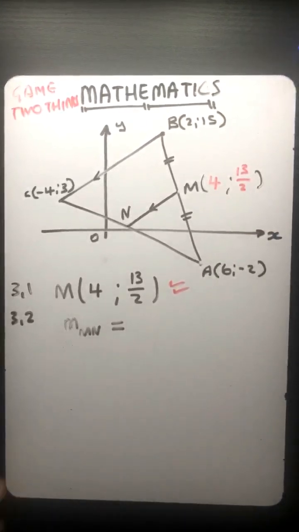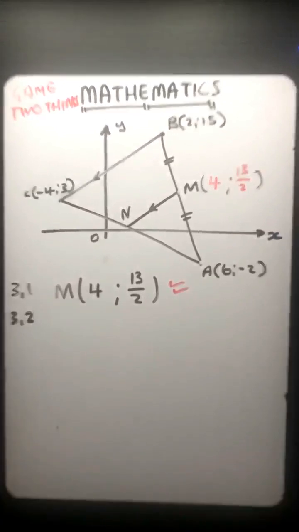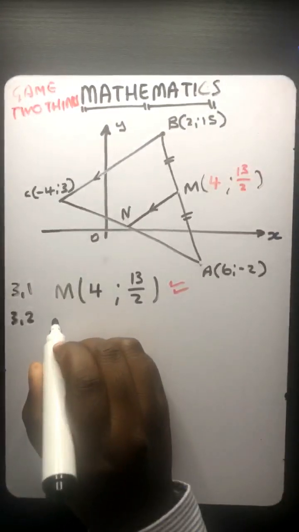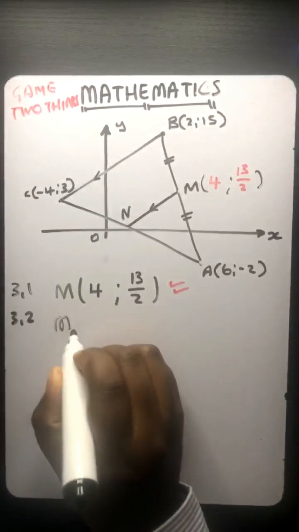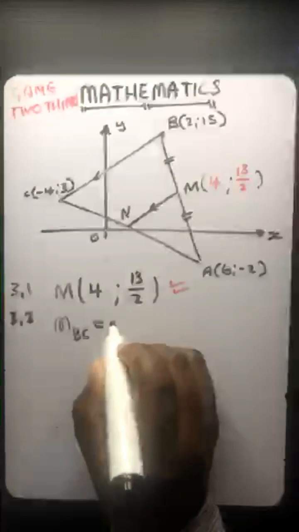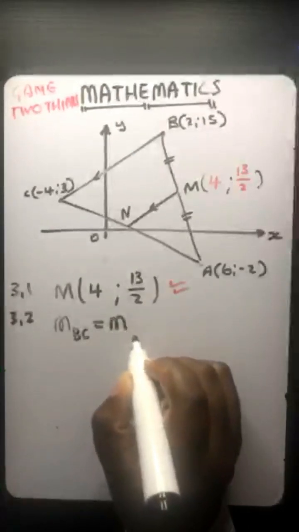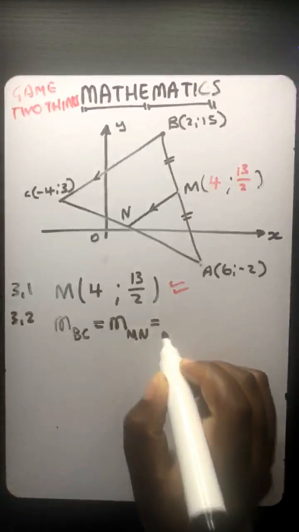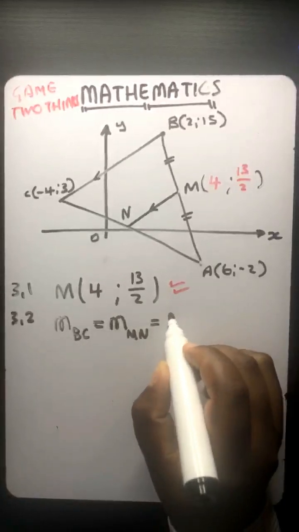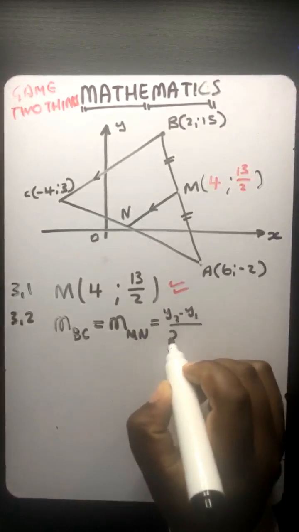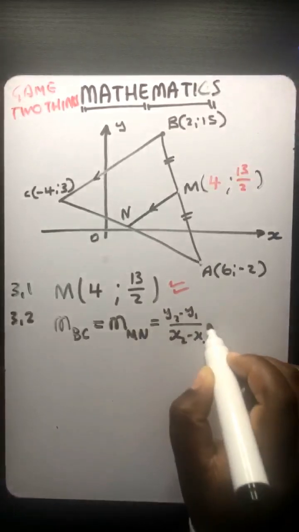100%. So, as a mathematician, this is how you are going to write it. You're going to say the gradient of BC is equal to the gradient of MN. And then from there, you can substitute: y2 minus y1 over x2 minus x1.